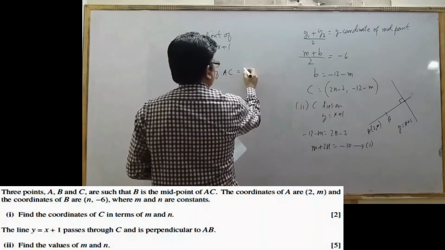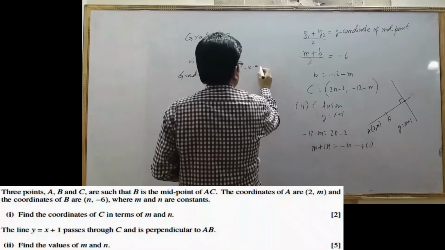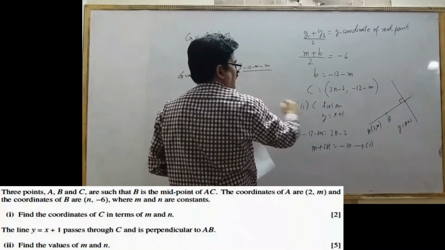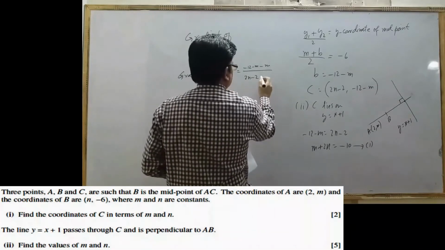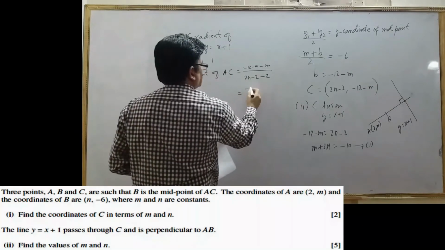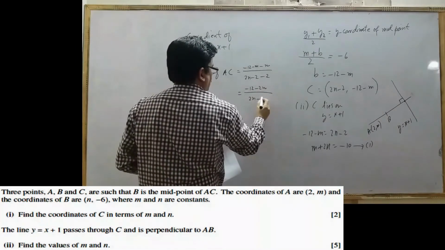So it is y2 minus y1 over x2 minus x1. So this is minus 12 minus 2m over 2n minus 4.